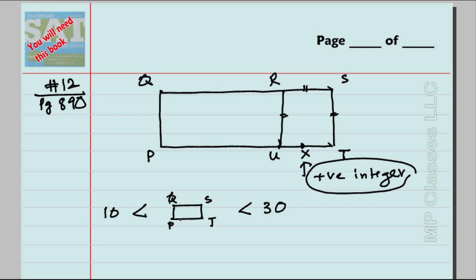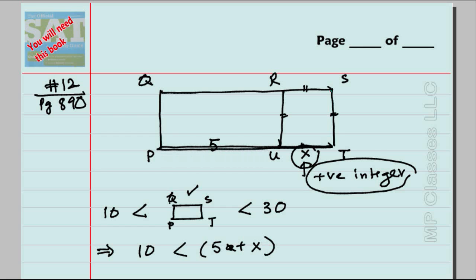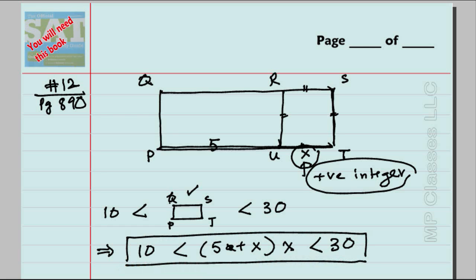So what will be one possible value of this X? That is the question. So we try to express this area in terms of variable X. PU is given as 5, so we can find the area of PQST as 5 plus X, which is this entire length, times this height, which is X, and that's our main equation that we need to consider to find X. Now consider this half.